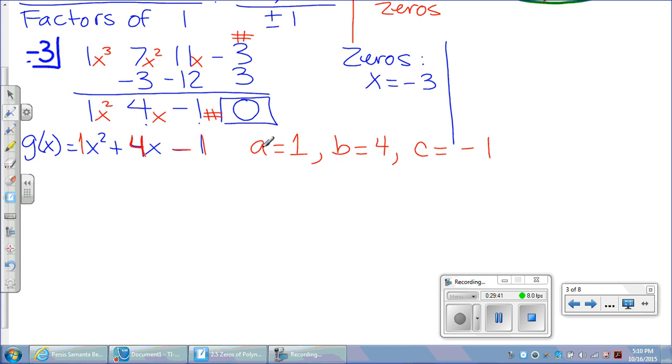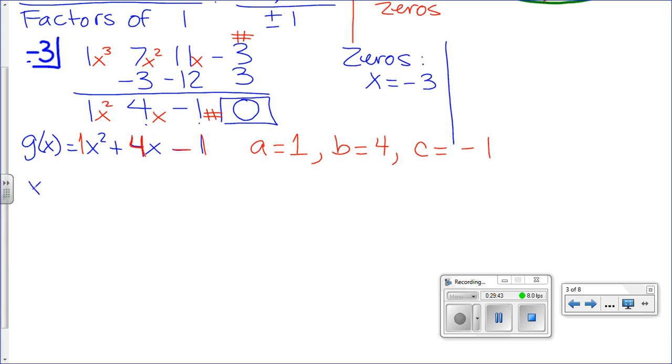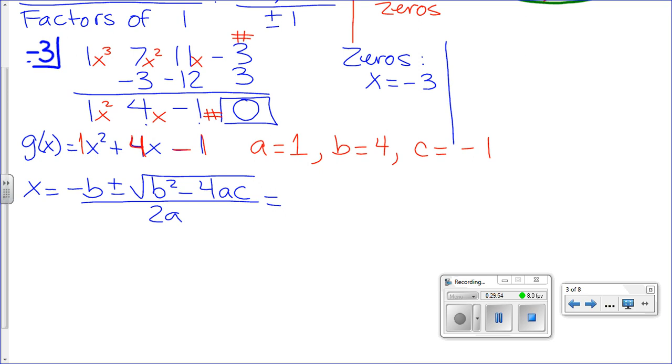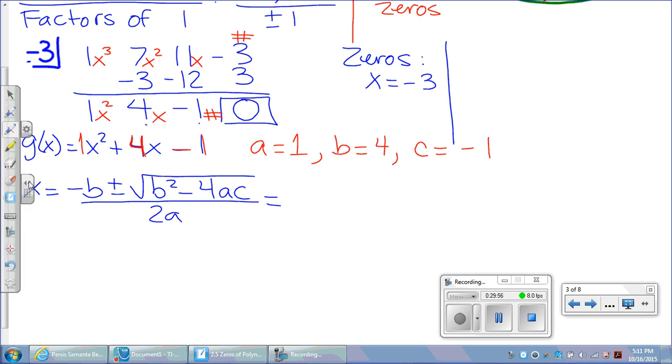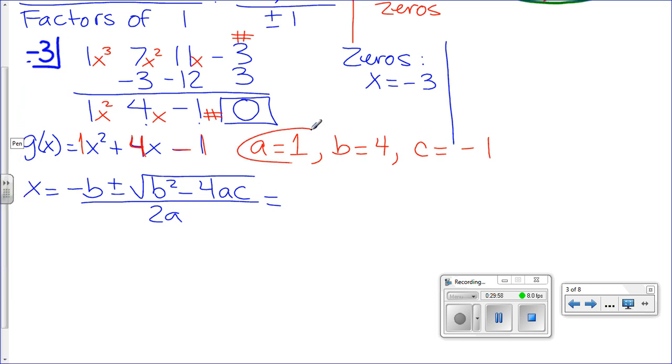Now we're going to use the quadratic formula, so that is negative b plus or minus the square root of b squared minus 4ac. Everything is divided by 2a. So what I'm going to do here is substitute those numbers that I have listed into the quadratic formula.